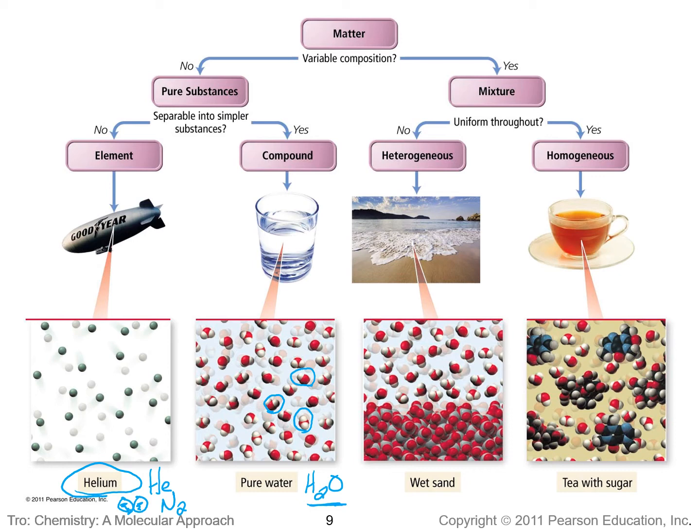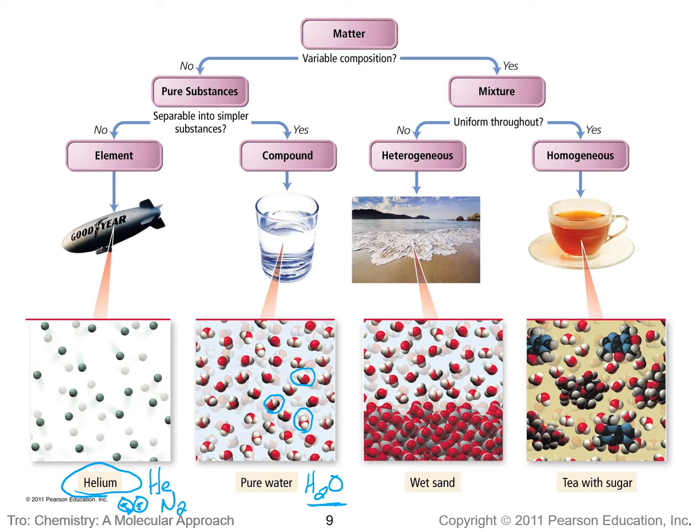Okay, so mixtures can be separated by physical means, where pure substances can only be separated through chemical means or by chemical reactions. Okay, physical means that we can heat it up, we can cool it down, we can filter it, things like that. Okay, so if it is uniform throughout, that's what we call a homogeneous mixture.